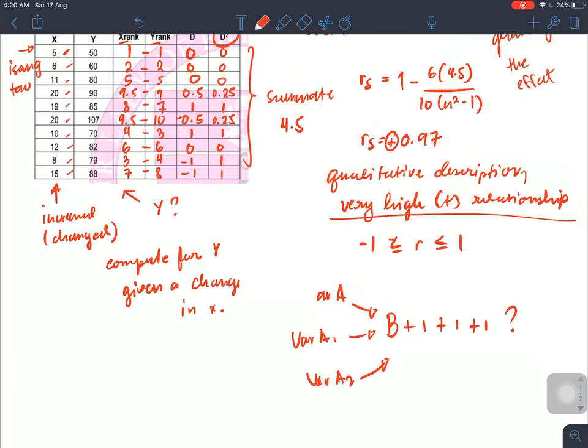Ibig sabihin, kapag tumaas ng 1 si variable a, definitely tataas ng 1 si b. Paano naman kapag tumaas ulit ng 1 si variable a1? So, depende po yan doon sa gravity ng effect niya sa variable b. It could increase by 0.5 or it could increase by 3. Depende po sa, again, epekto or sa lakas ng epekto ni variable a kay variable b.